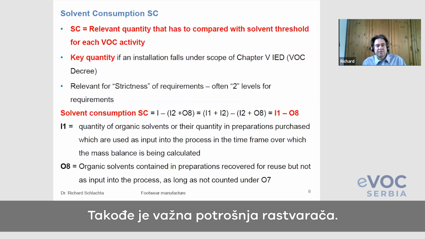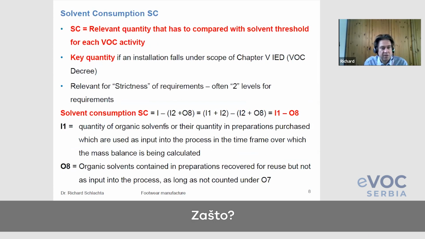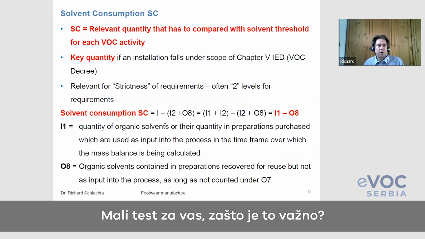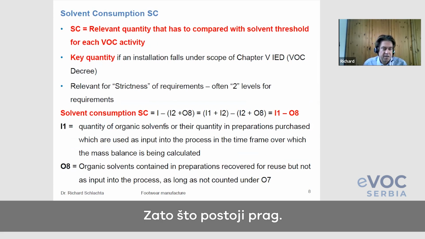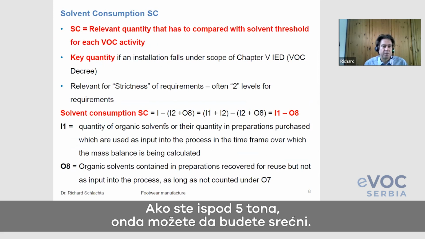Important is the so-called solvent consumption. Why? Now a small test for you: why is it an important number? Because the solvent consumption gives you the threshold. If you are below that 5 tons, you can be happy.